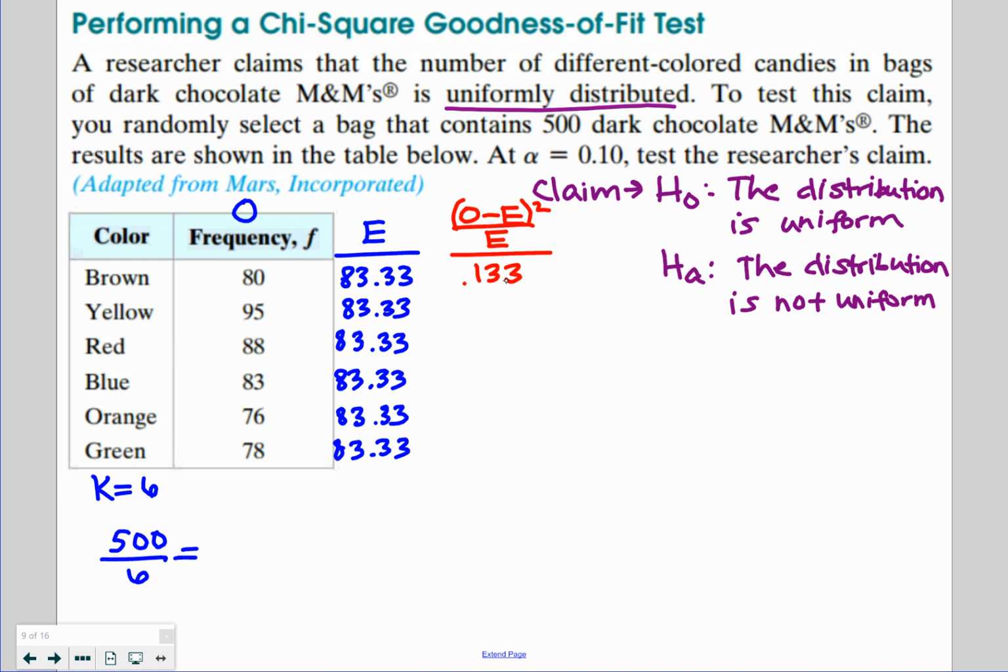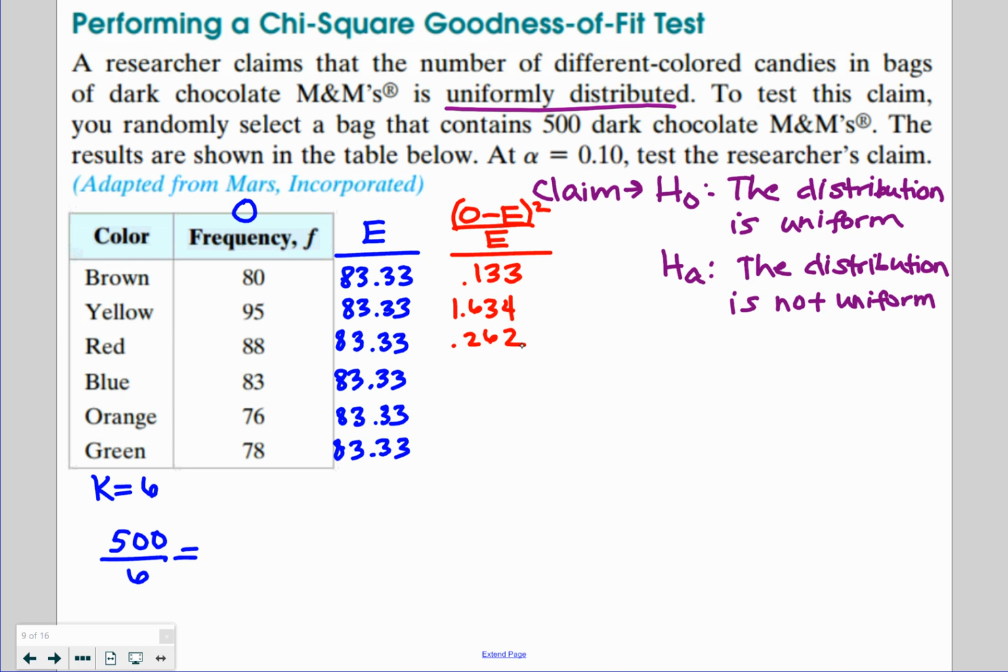So for yellow, I would do 95 minus 83.33, square it, divide by 83.33. You get 1.634. 88 minus 83.33, squared, divided by 83.33. 0.262. 83 minus 83.33 divided by 83.33. Oh, shoot, I didn't square it.